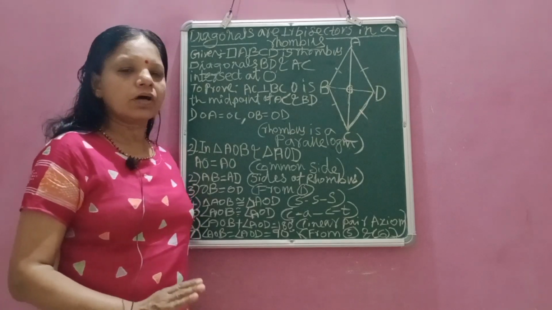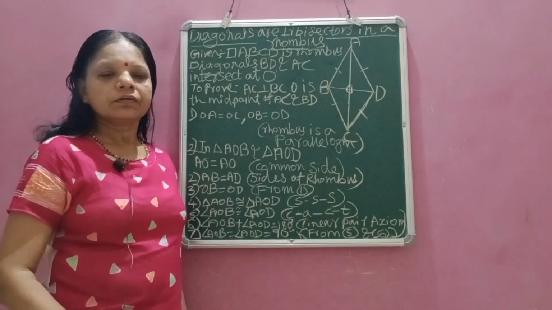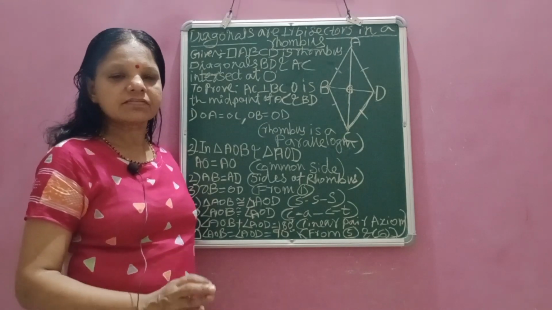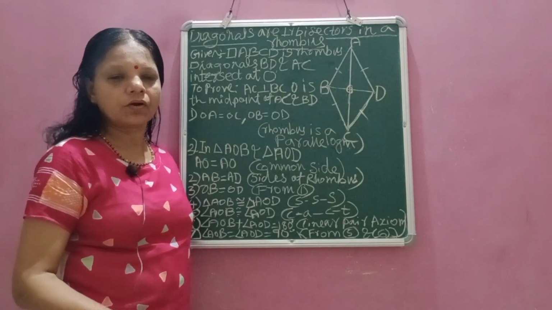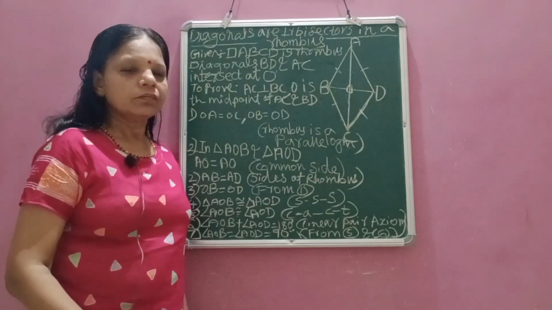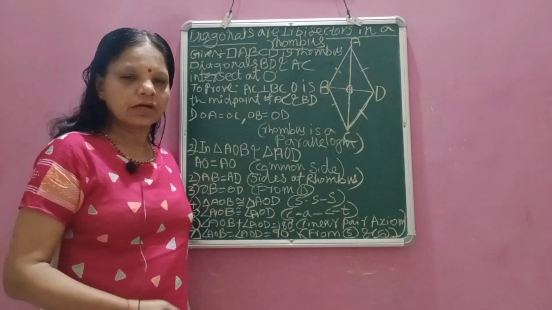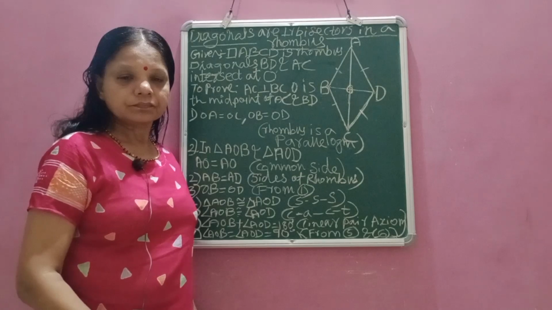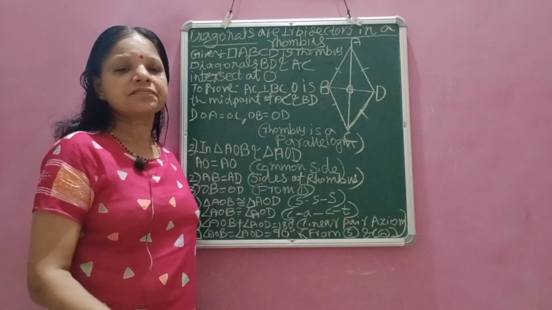So you only have to prove the diagonals are at 90 degrees, because bisecting each other is the property of parallelogram also. So you need not prove that. It is understood that rhombus is a parallelogram, therefore diagonals bisect each other.